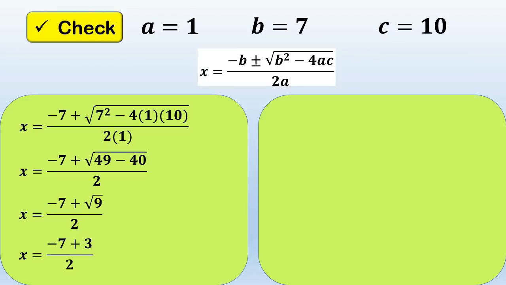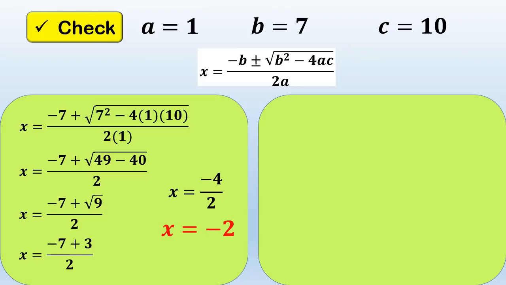Since one of the terms is negative and one of the terms is positive, instead of adding, we need to subtract it. Dahil ang negative ay nasa mas mataas na number, okay, so therefore, magiging sign natin ay negative. So, negative 7 plus 3 is equal to negative 4 copy 2. Okay, so negative 4 divided by 2, the answer is negative 2.